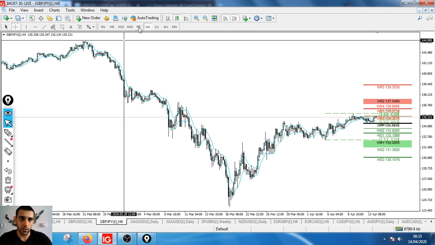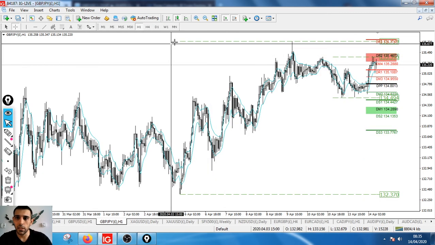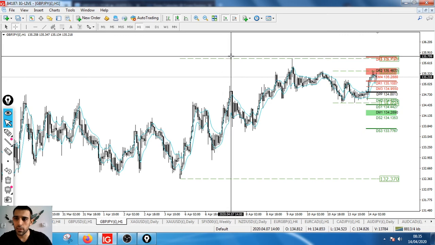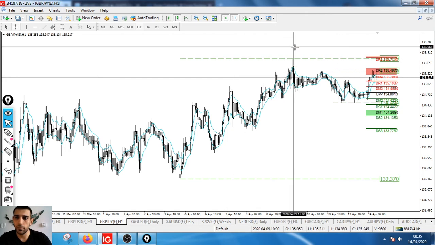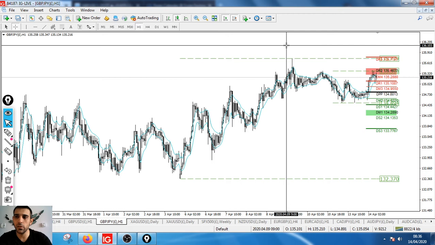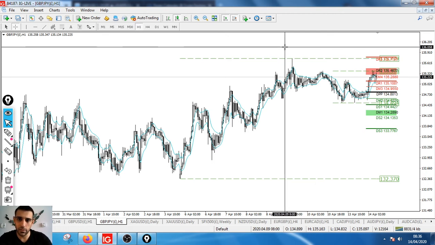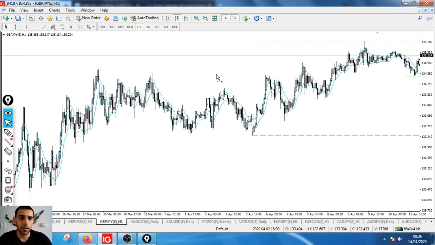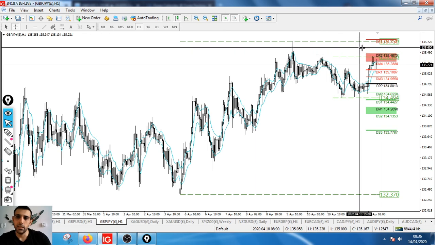So if you're here looking at the currencies, say the price comes up and the candle closes somewhere at 136.10, then I want to see a retracement. Unfortunately, we have nothing on the left-hand side.